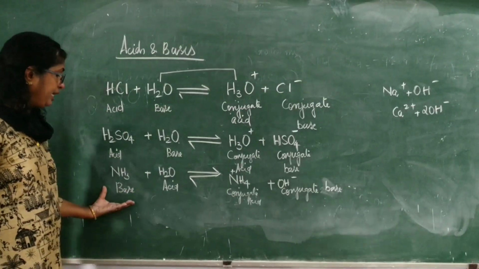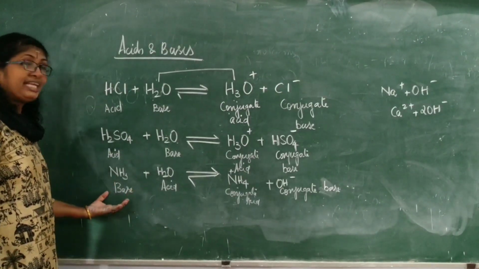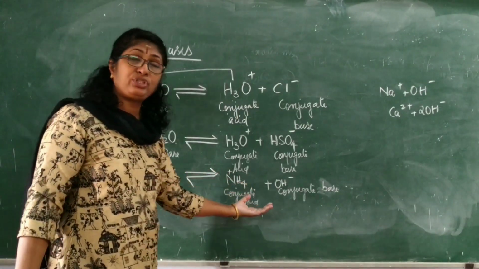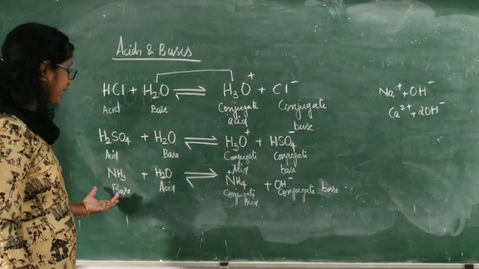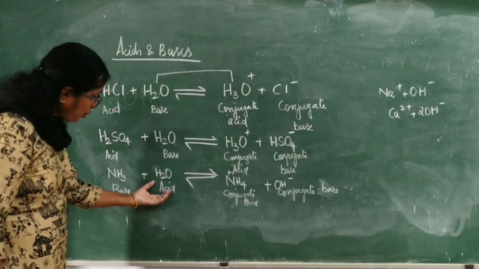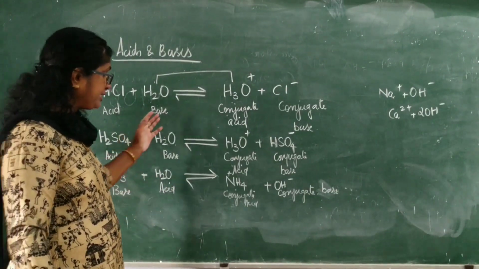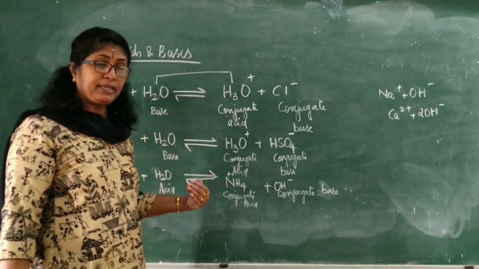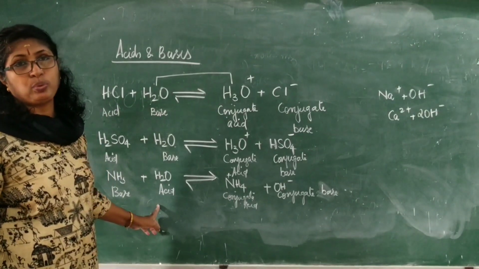Okay, so here NH3 is accepting a proton from water, so NH3 is a base. It accepts a proton from water and becomes NH4 plus, which is called the conjugate acid of the base NH3. H2O is donating a proton, so it is an acid. It donates a proton and becomes OH minus ion. OH minus can accept a proton, so it is the conjugate base of the acid H2O.